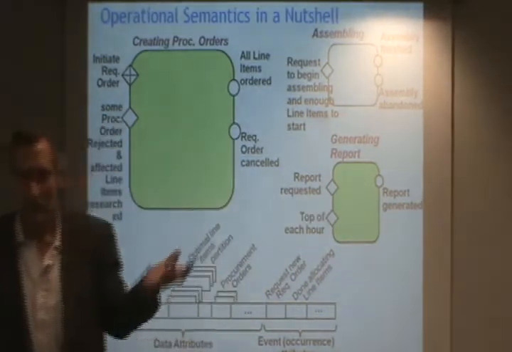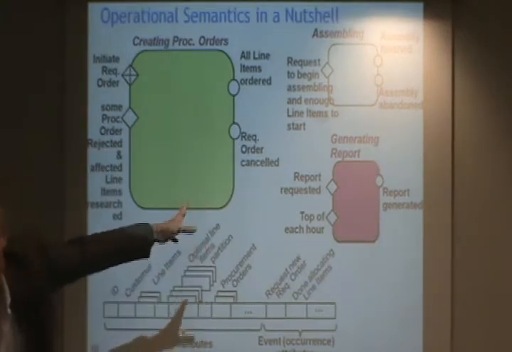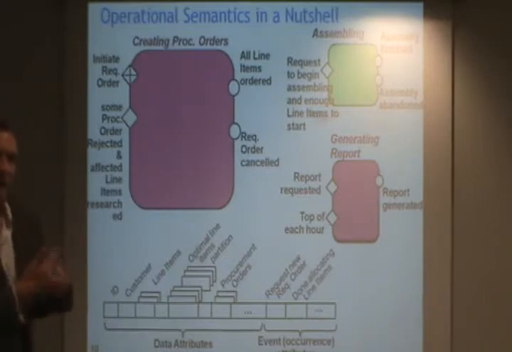So these stages can go in parallel. Okay, I get done with generating the report. Let me paint it red to mean I'm done for now. Okay, maybe I finish with creating the procurement orders. Maybe then I start assembling. Okay. Then I have to generate another report, let's say, okay, and then I'm done with it. Okay, so that's just kind of an illustration of how this thing is going to march along.